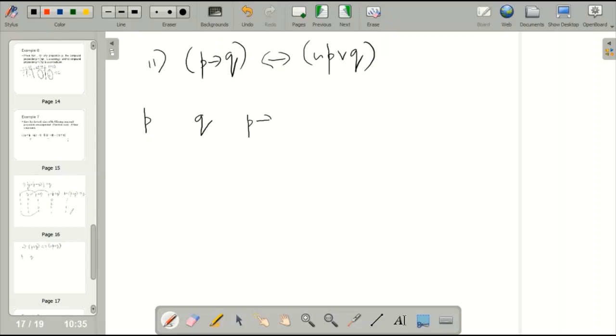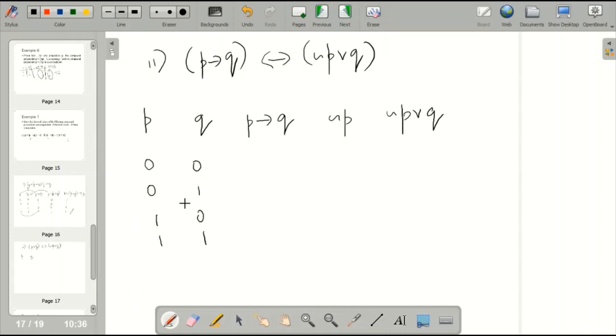First the left hand side is P conditional Q. Then we require negation P, then we require negation P or Q. So P, Q, let's write the values 0, 0, 1, 1, 0, 1, 0, 1.